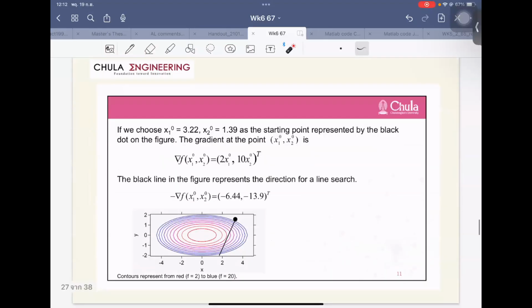Now, if you begin with the initial point, our initial point is 3.22 and 1.39, the coordinate here. And you can find the gradient of f.